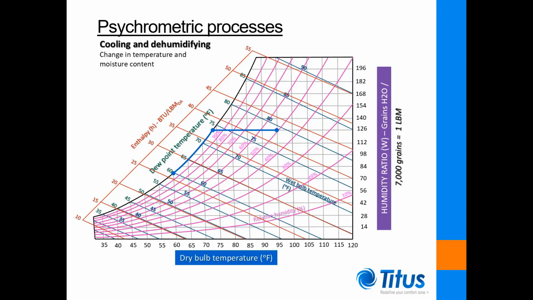This is because the mixture's capacity to hold moisture is reduced as its dry bulb temperature is lowered. Often a diagonal line is used to illustrate this cooling and dehumidification process, but in reality, only sensible cooling occurs until the mixture has reached its dew point temperature.